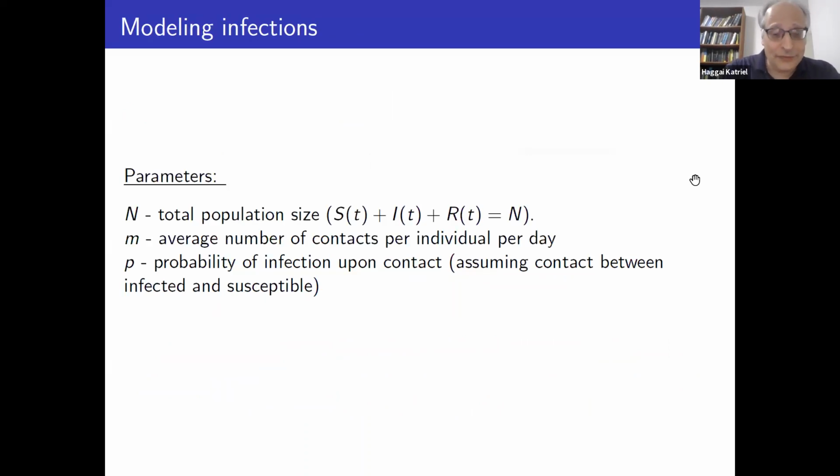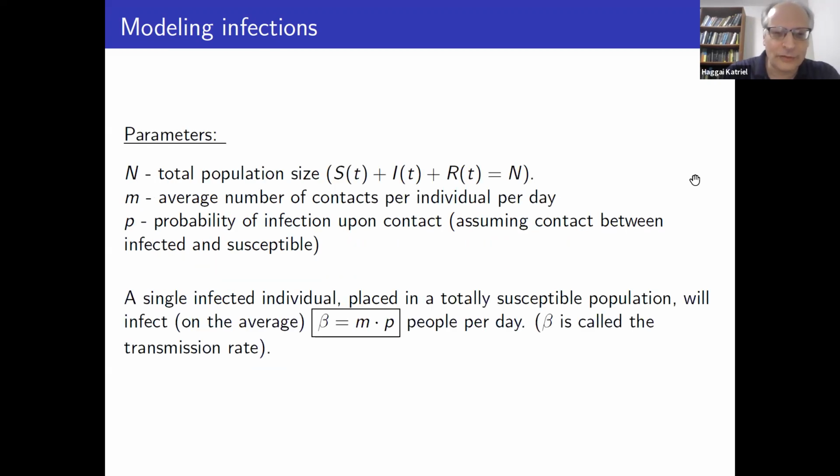To describe the infections, we introduce two parameters: the average number of contacts of an individual per day, and P, the probability of infection upon contact. The product of these two is what comes into the model.